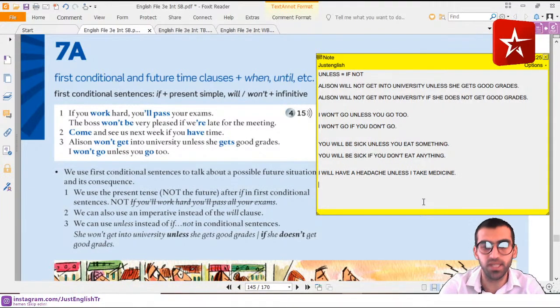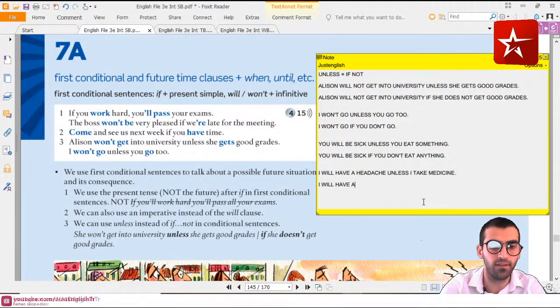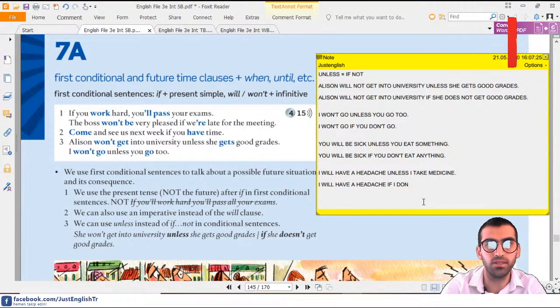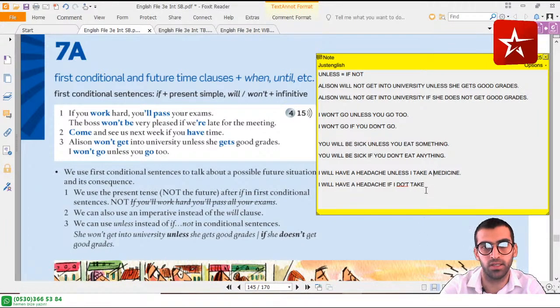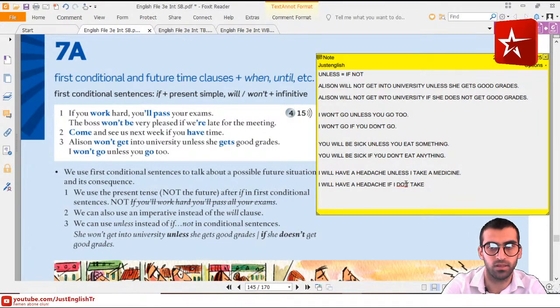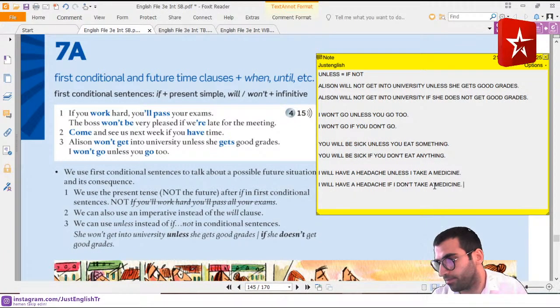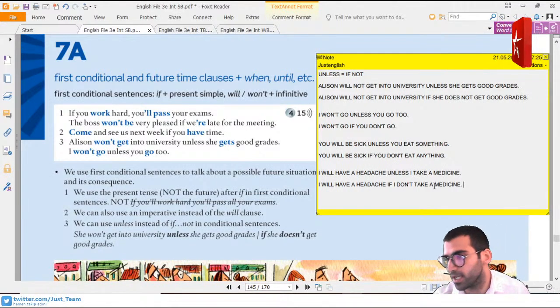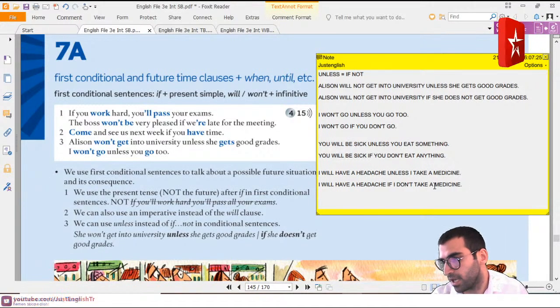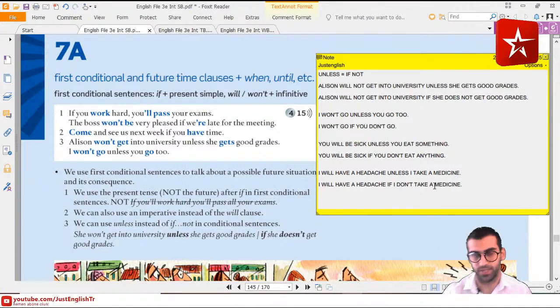Yes, it means I'll have a headache if I don't take medicine. Yes, they are the same, as you see. So the thing is, you have to be careful with the meaning of the sentence, and unless means if not. Okay, guys? All right.